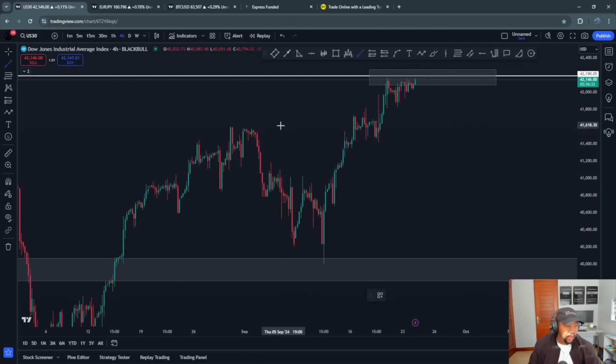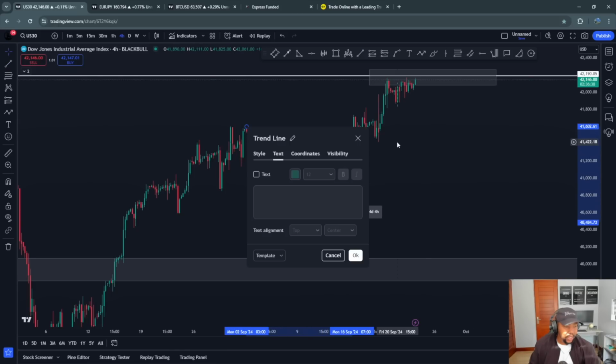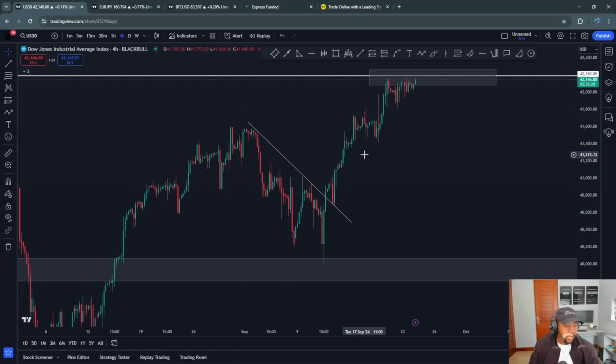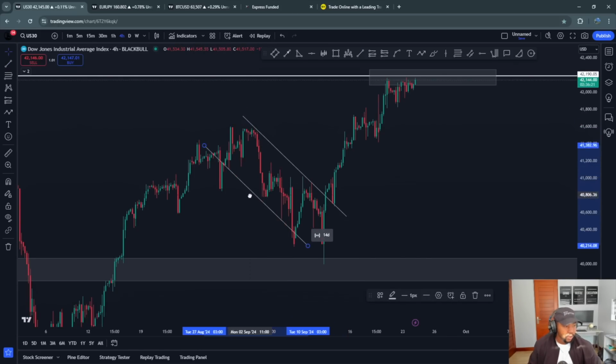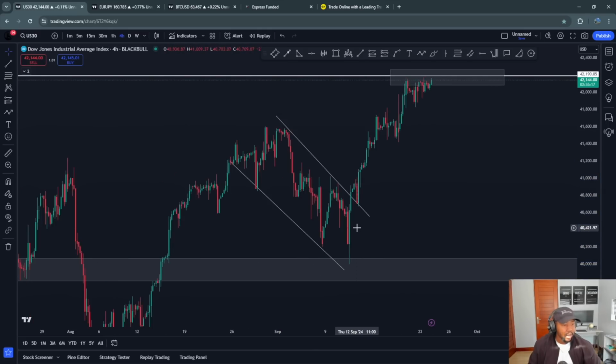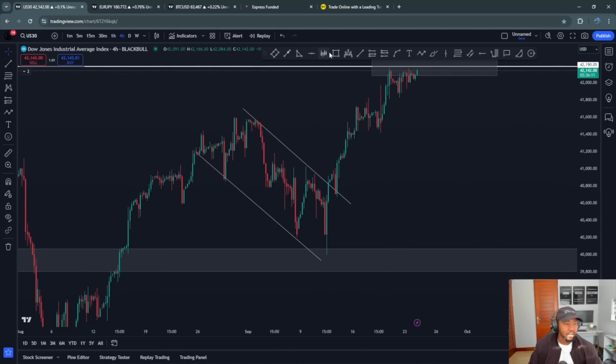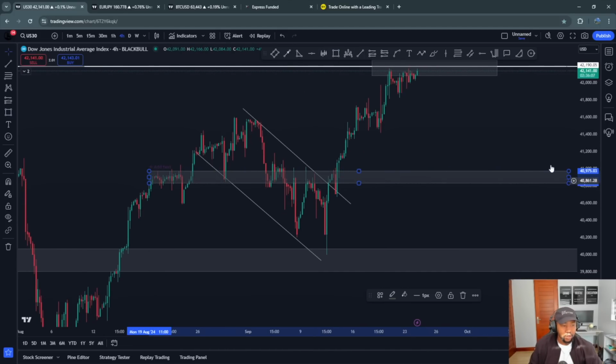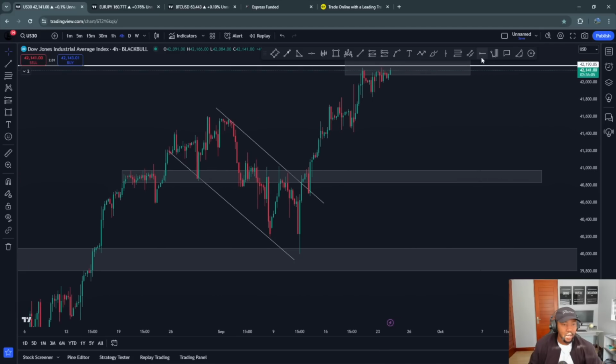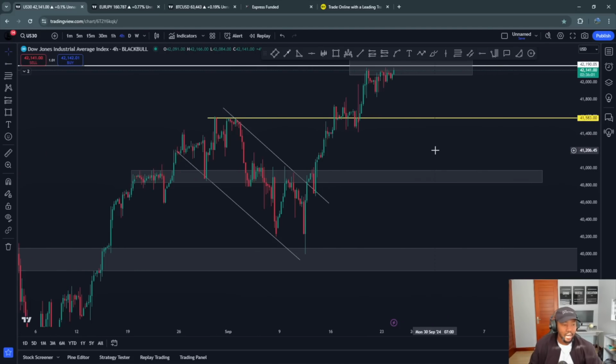So now let me actually spot the trends inside our 4-hour time frame. We actually had a bearish trend over here whereby the market has broken out of our bearish trend, right? You can see that the market actually broke outside its bearish trend, meaning that this is also one of the most respectable levels inside this particular trend. And over here as well, the market seems to be respecting that particular area, right?